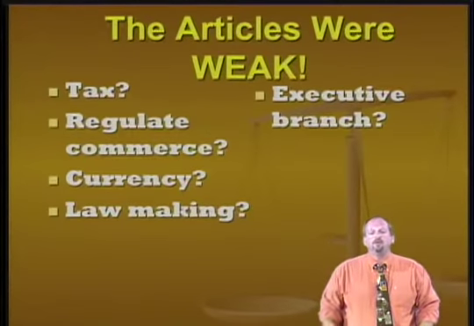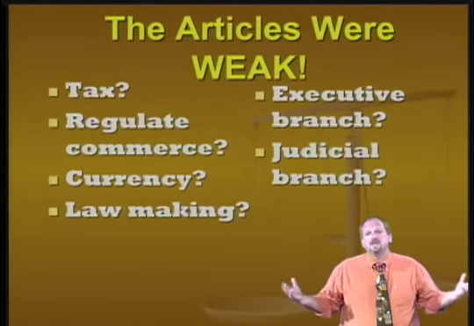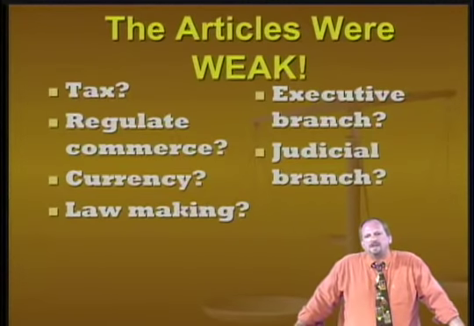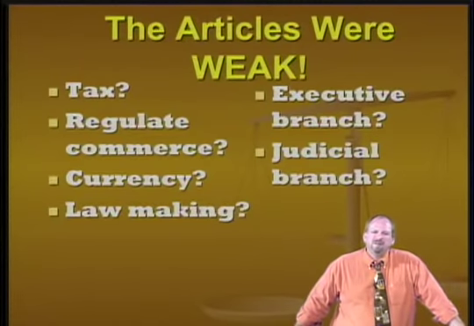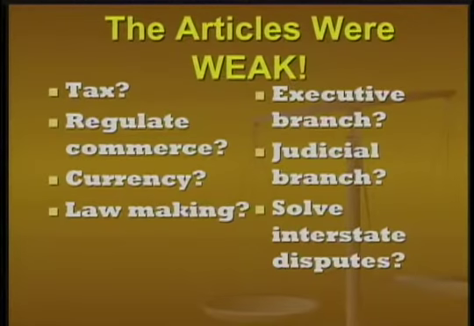There was no way to enforce these laws. There was no judicial branch to carry them out to see whether or not laws had been broken. All laws were left to the states to enforce. And so if there was a law a state didn't like, it didn't have to play along. And of course, there was no ability for the national government to solve any type of interstate disputes. If one state had an argument over territory, over commerce, over anything, they were left themselves to figure it out.